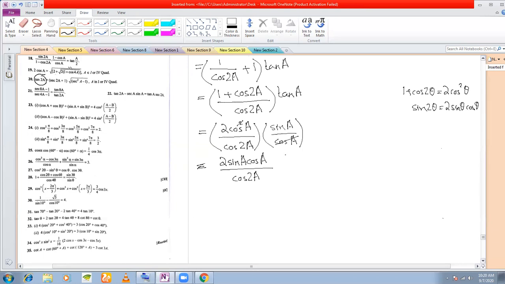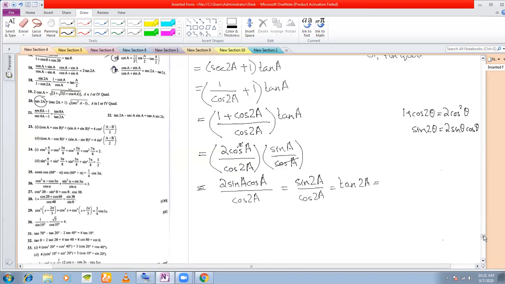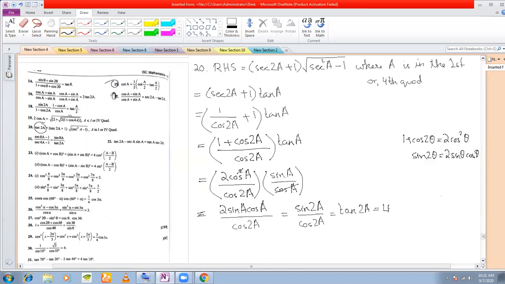That means 2 sine a cos a is nothing but sine 2a, and this cos 2a will remain in the denominator as it is. So therefore, you get this as tan 2a, which is equal to your left hand side. Okay, that is what you have to prove here.